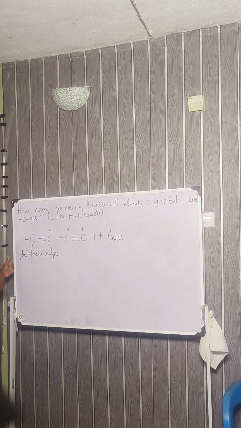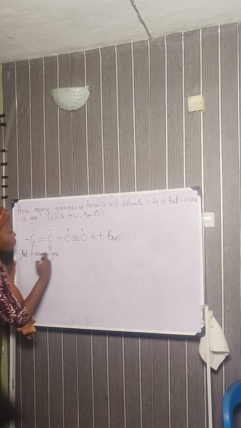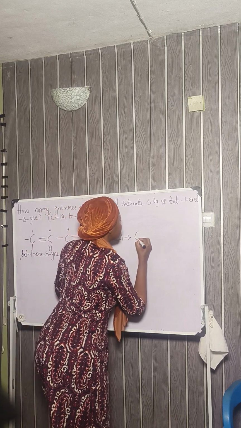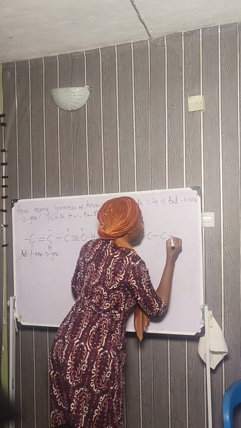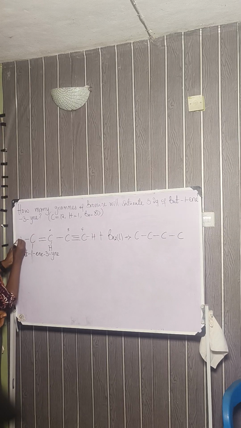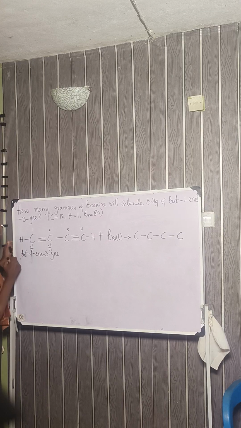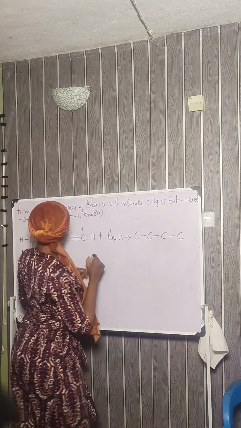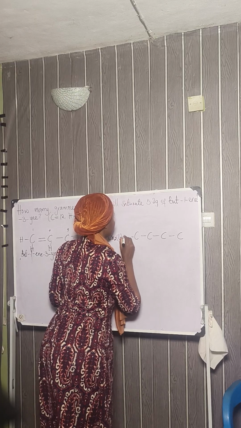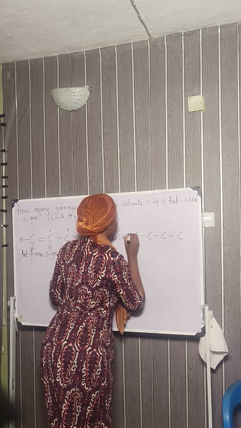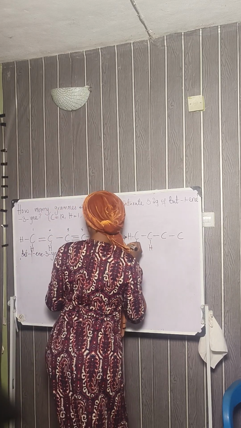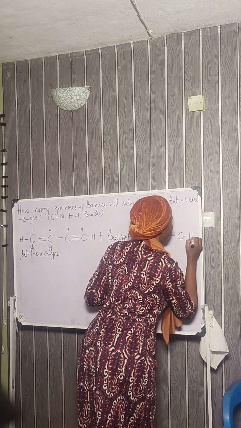So if they disappear, this will now become C, single bond, single bond, single bond. Remember, I have my H. So if I have this 2H here, I must make sure I represent them. I have 1H here, then I have 1 here.